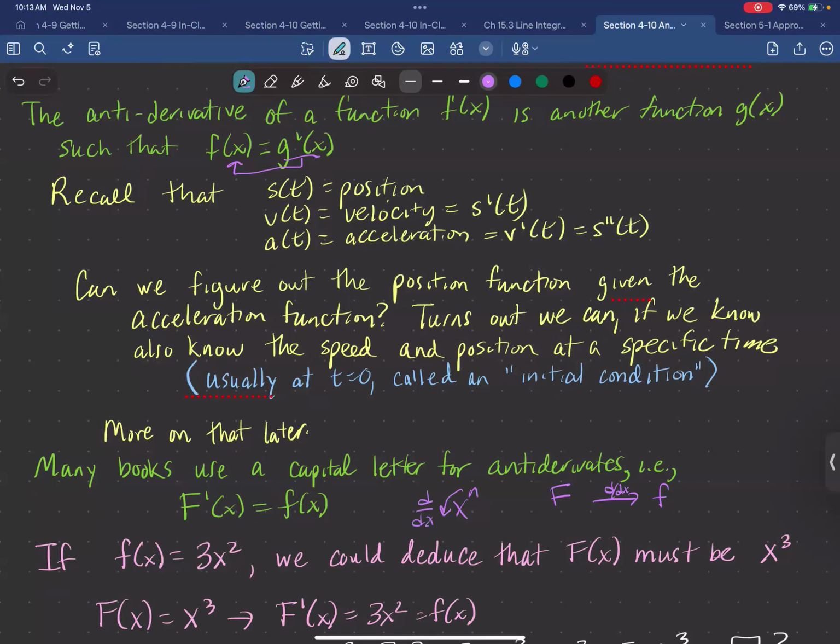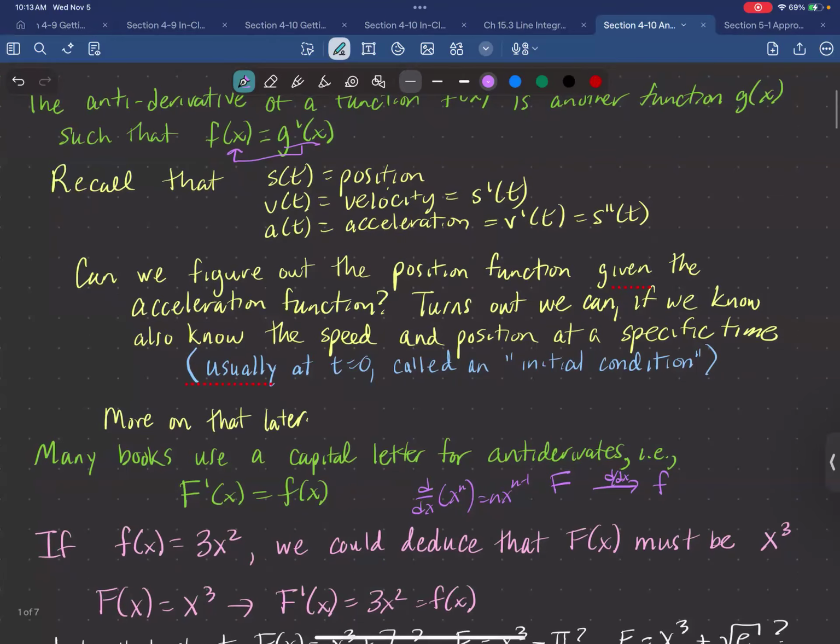So doing d/dx of that, working backwards, if I have n minus 1, what I start with should be 1 higher. So let's say it's x cubed. Is the derivative of x cubed 3x squared? Yes, it is.